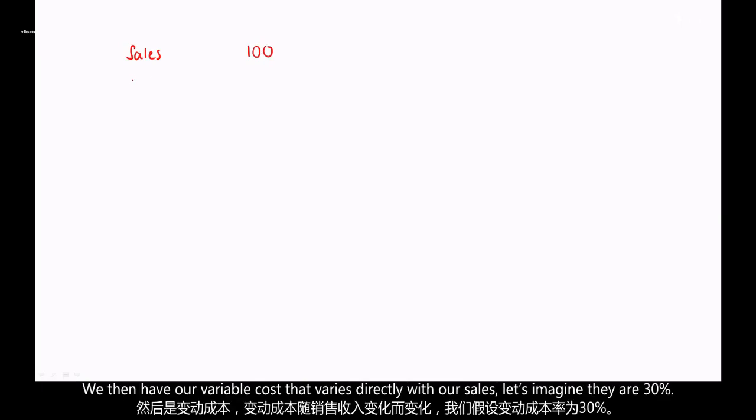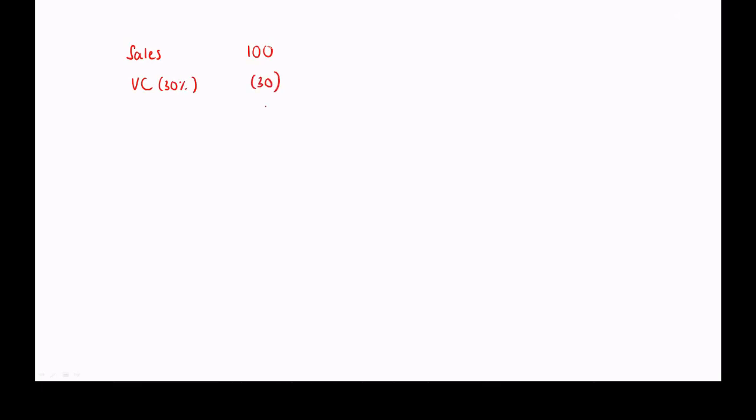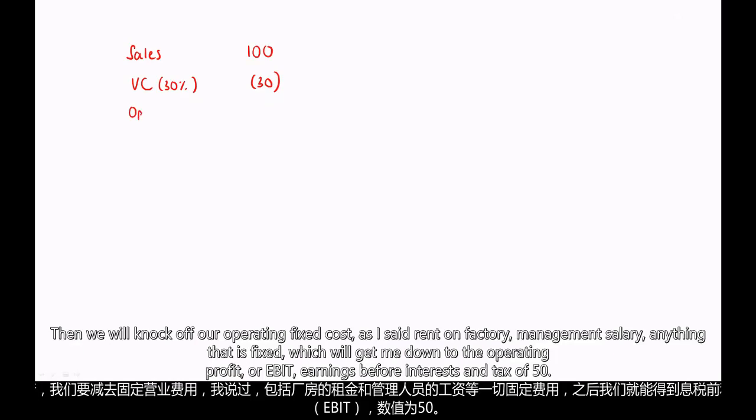We then have our variable costs, so our costs that vary directly with our sales, and let's imagine they are 30%. Then we'll knock off our operating fixed costs, like I said, rent on factory, manager's salary, anything that is fixed, which would get me down to an operating profit or an EBIT, earnings before interest and tax, of 50.